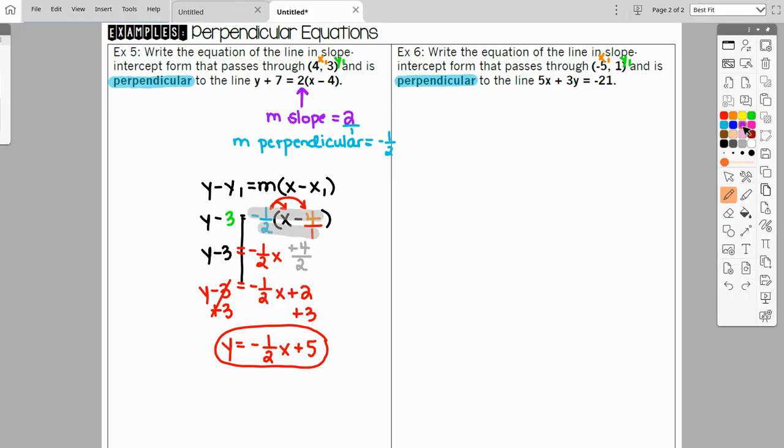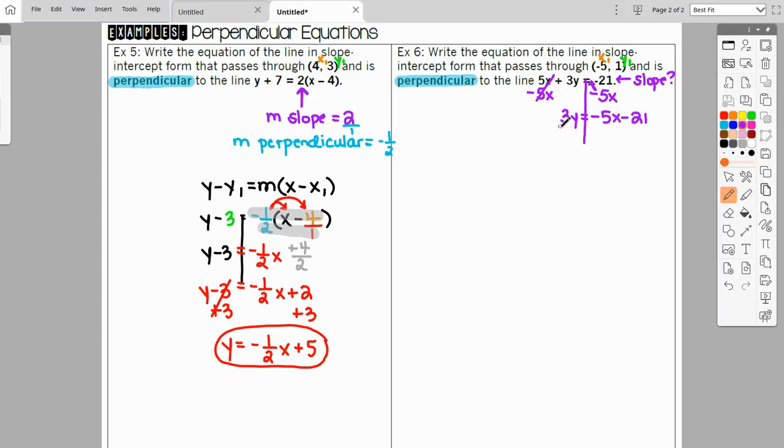Now, I'm not able to pull the slope right from the equation in this format, so I must convert to slope-intercept form. What I do first is always subtract over the x term from one side to the other. It cancels out on the left to just a 3y, and I sneak it in front of the negative 21 on the right side.